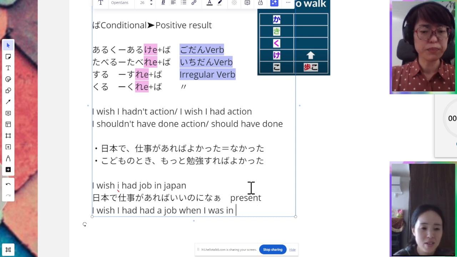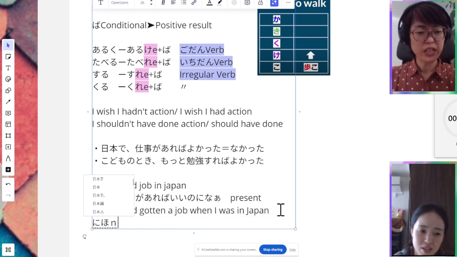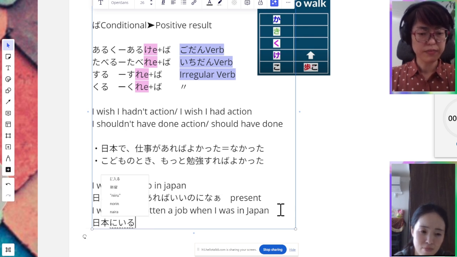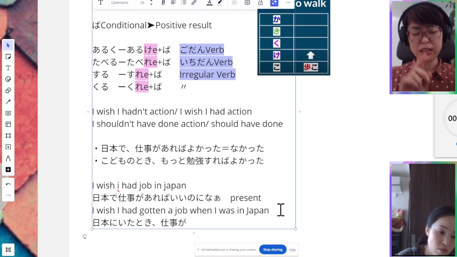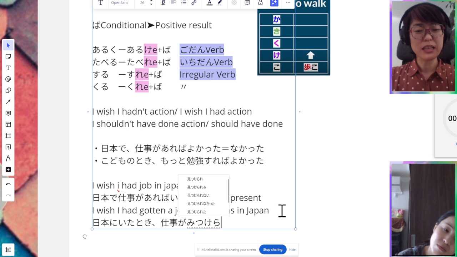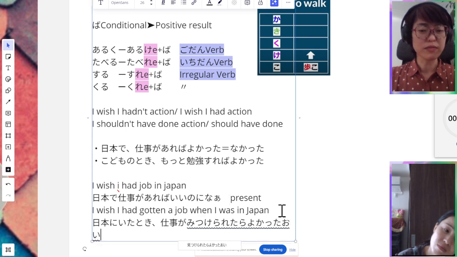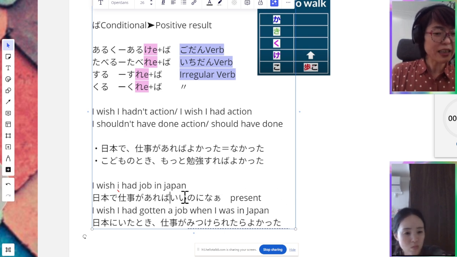Okay, for example, I wish I had gotten a job in Japan. 日本にいたとき、仕事がもらえたらよかった。仕事が見つけられたらよかったのにな. So in よかった here, e is present tense.